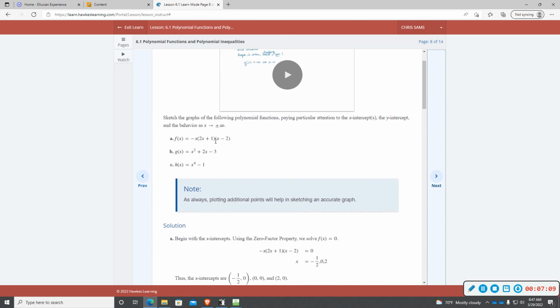So, for example, this one, if you wanted to find the degree, it would be 1, 2, 3, because there's 3 x's here. This one is not in factored form. As you can tell, they're not in parentheses, butted up against each other, being multiplied. So this degree would just be 2, and this one's degree would just be 4. So finding the degree is different when it is in factored form.